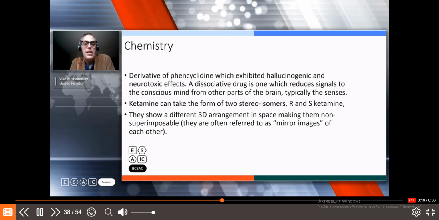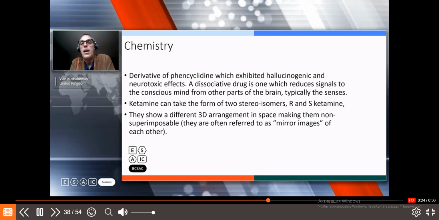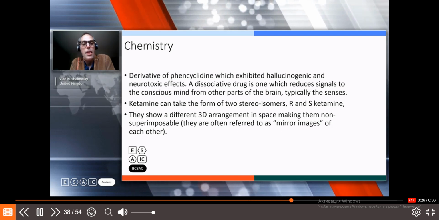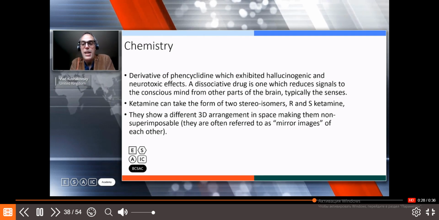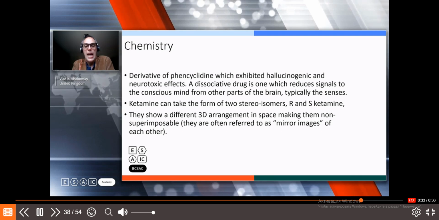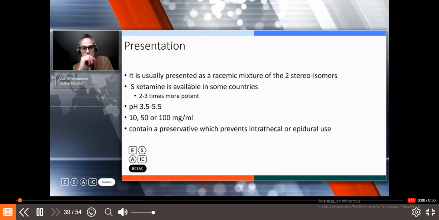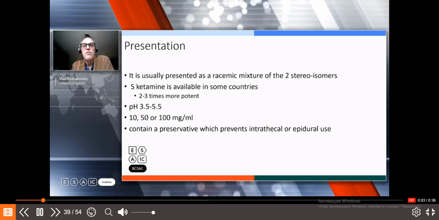And as I've just mentioned, it can take the form of two stereoisomers, R and S-ketamine. They show a different 3D arrangement in space, making them non-superimposable, and they're universally referred to as mirror images of each other. It's usually presented as a racemic mixture.